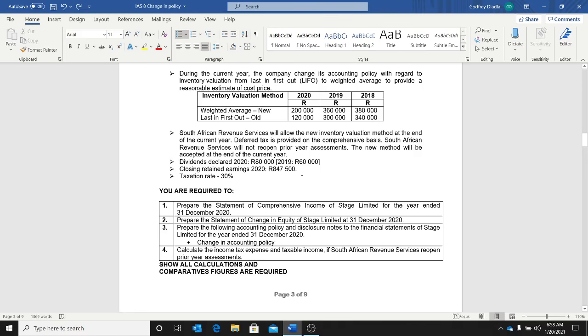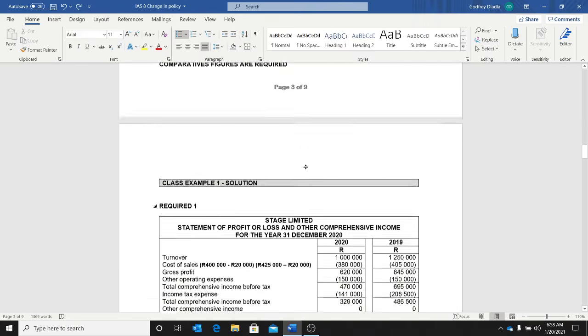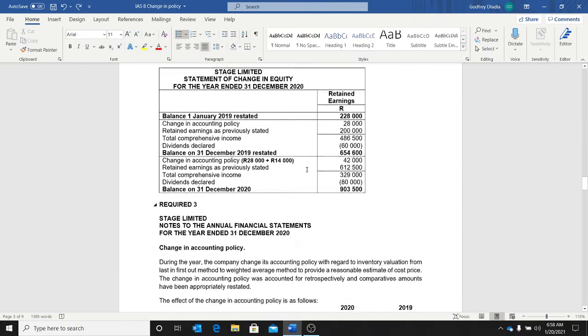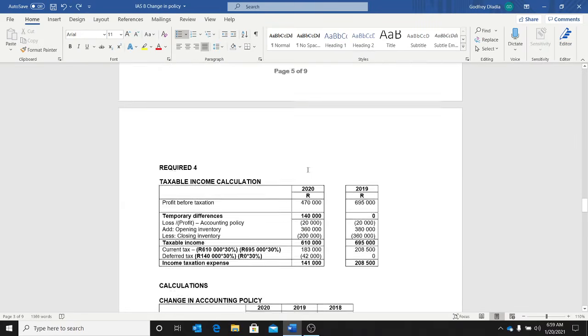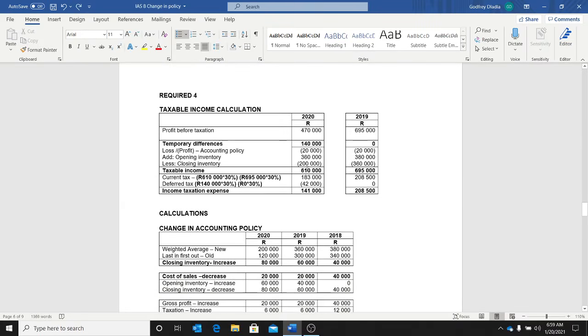So now what happens if SARS says they want to reopen, meaning they allow you to use this new method going backwards, meaning retrospectively? This calculation here, so these are your profit before tax, right here. Profit before tax, right?